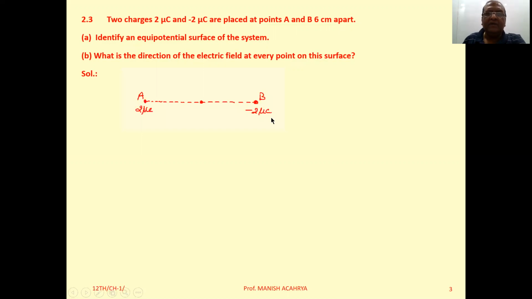So, as shown in the figure, if these two are separated, then at the center, the resultant potential will be 0.